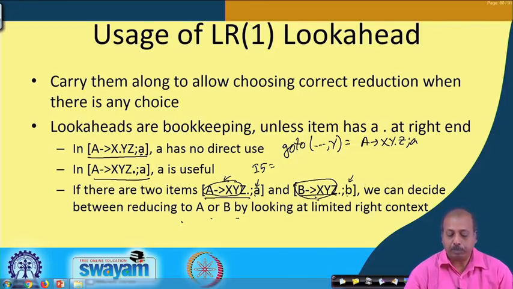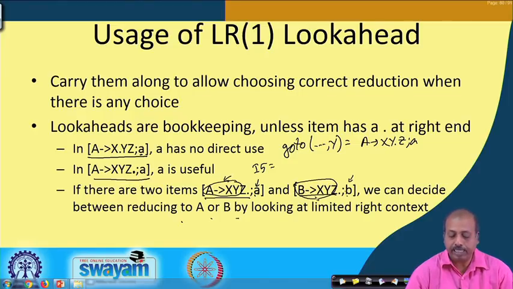But the problem is that similar items will go on coming, only the look ahead part may be different. As a result, they will give rise to a large number of states or items. The number of states that you get with this LR1 parsing policy will be much larger compared to the LR0 parsing policy.